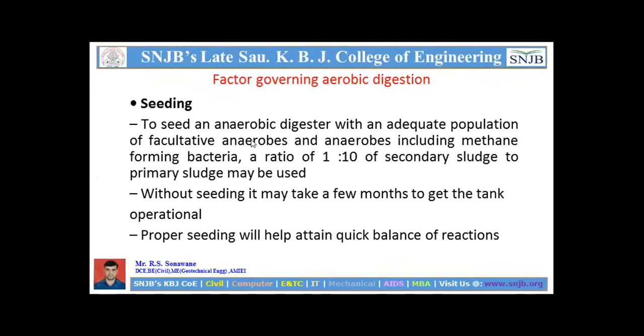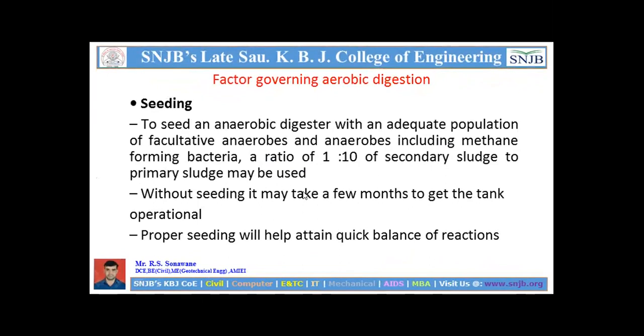Then the next factor is the seeding process. Seed an anaerobic digester with an adequate population of facultative anaerobes. Anaerobes are microbes that can grow in the absence of oxygen, and these can be seeded. Anaerobes include the methane forming bacteria. A ratio of 1 to 10 of secondary sludge to primary sludge may be used.